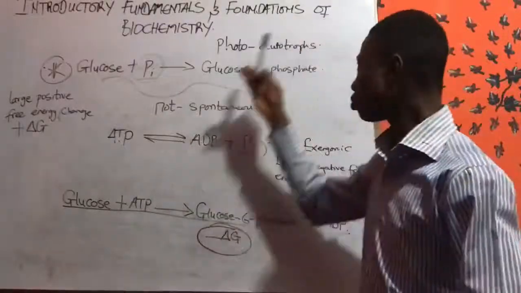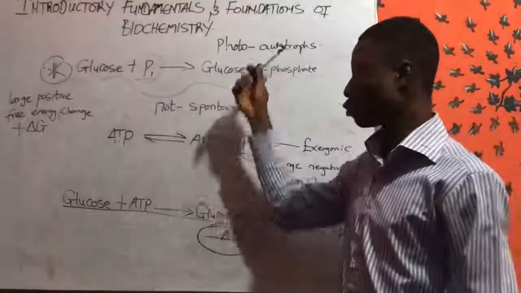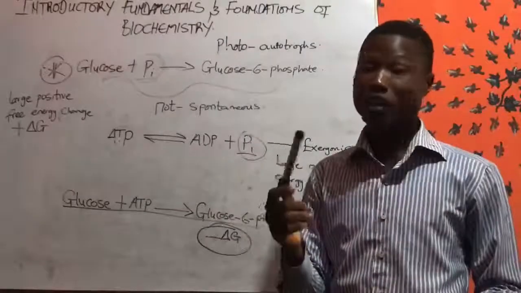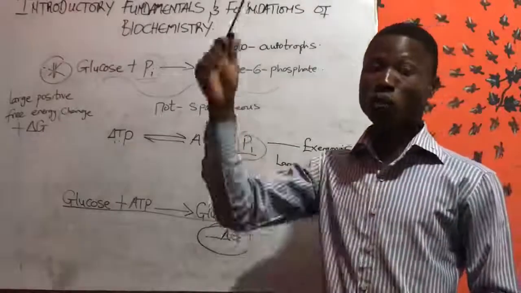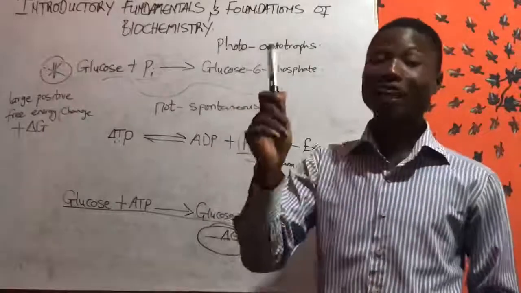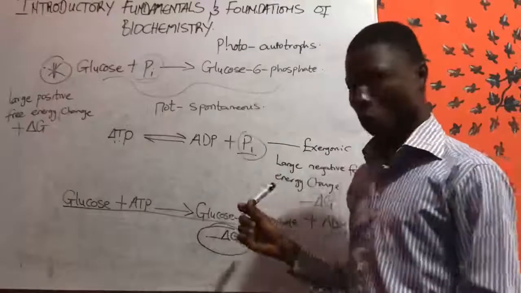For instance, in photosynthesis, the light energy trapped from sunlight is transformed to chemical energy, which it uses to split water and uses the hydrogen to reduce carbon dioxide to glucose.